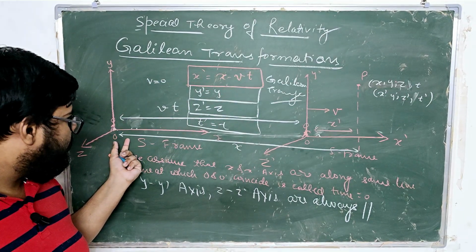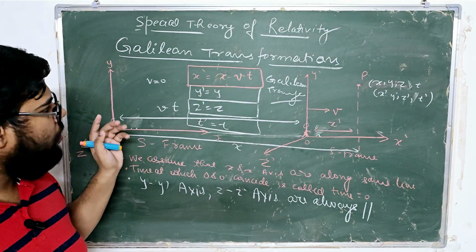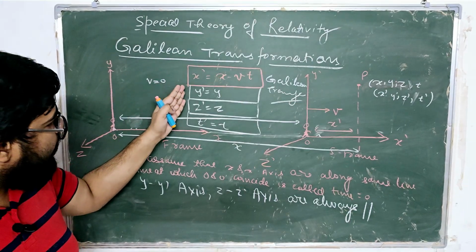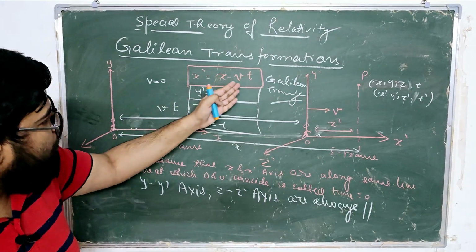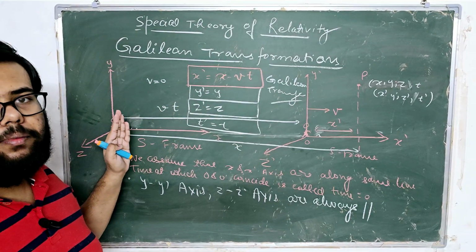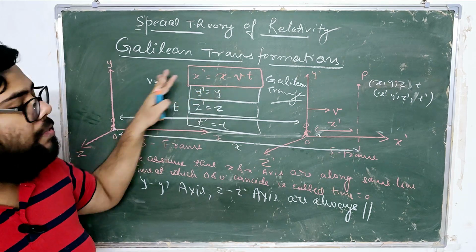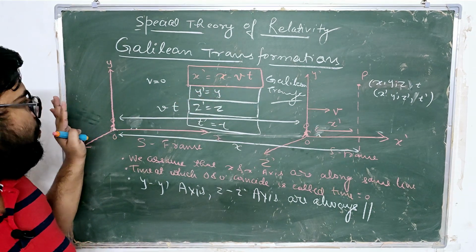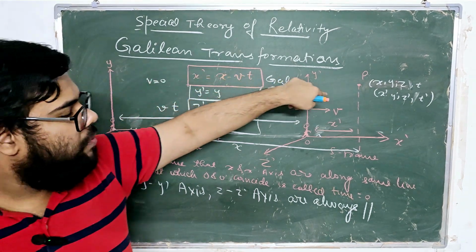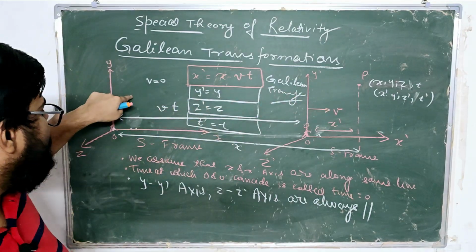frame, right? So this is what the observer in S dash frame will observe as the coordinates with respect to the calculations of S frame, right? Okay. Now if you know the data of S dash frame and you have to move to S frame, what you will do?